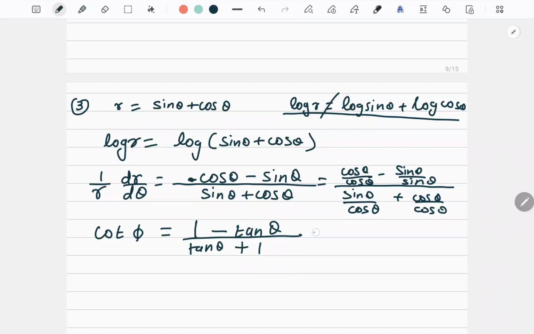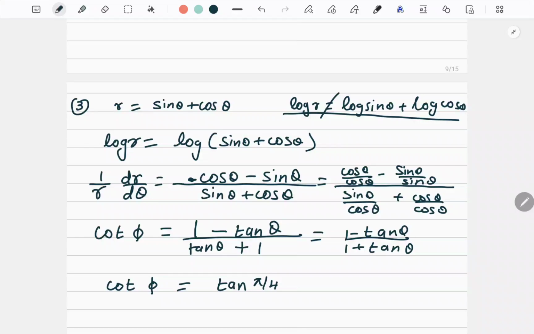Correct? So now here again, if you remember the formula 1 minus tan theta upon 1 plus tan theta, go ahead. Okay, if you don't remember, see, I don't remember and mug up so many formulas. I prefer to derive it. You can also do. In place of 1, can I write tan pi by 4? Tan 45 is 1.